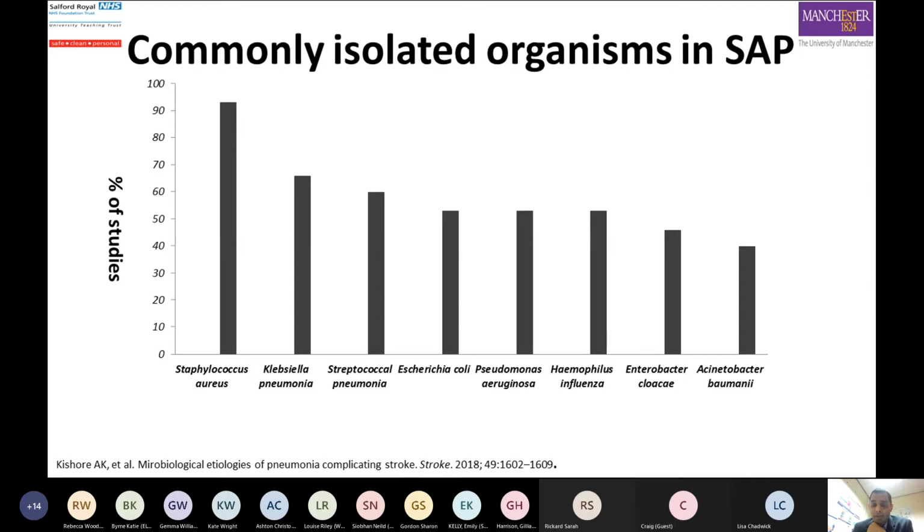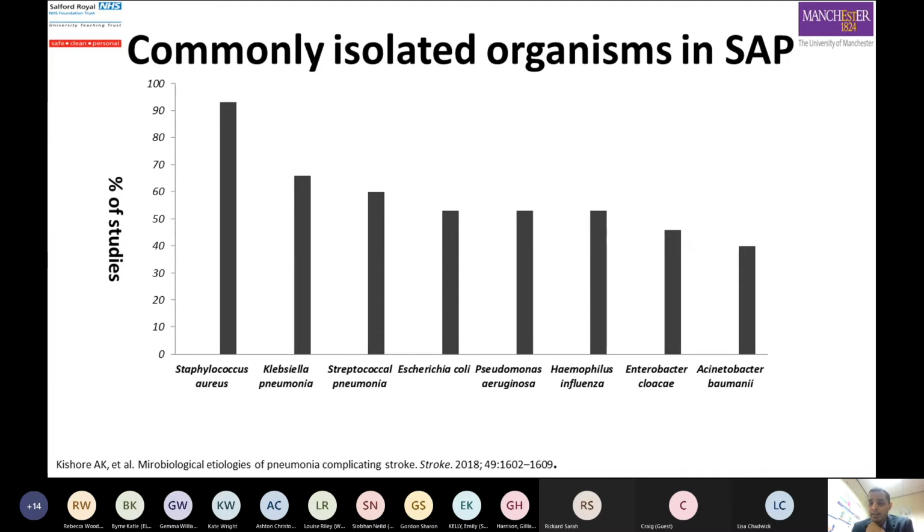So it's a mixture of mainly gram-positive cocci, which is the Staph aureus and Strep pneumoniae, and the aerobic gram-negative bacilli, which is the Klebsiella and the E. coli, as well as the Haemophilus, Enterobacter and Acinetobacter. So these are the top 8 organisms which we identified in our review.